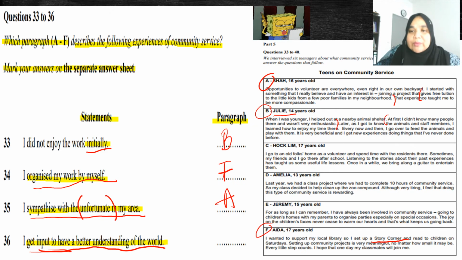Listening to the stories about their past experiences has taught us some useful life lessons. Life lessons are input to have a better understanding of the world. So the answer is from paragraph C. That is how you are going to locate your answer for these questions.